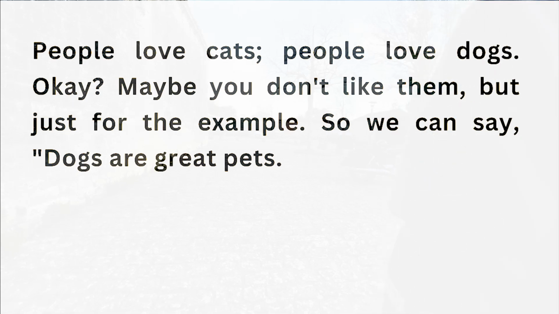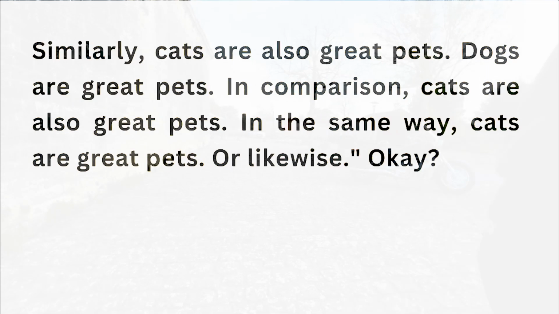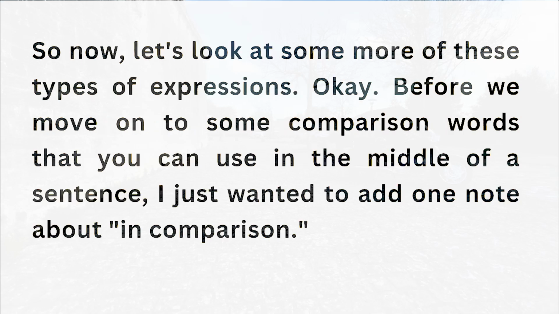So we can say dogs are great pets. Similarly, cats are also great pets. Dogs are great pets. In comparison, cats are also great pets. In the same way, cats are great pets. Or likewise. Okay? So now, let's look at some more of these types of expressions.